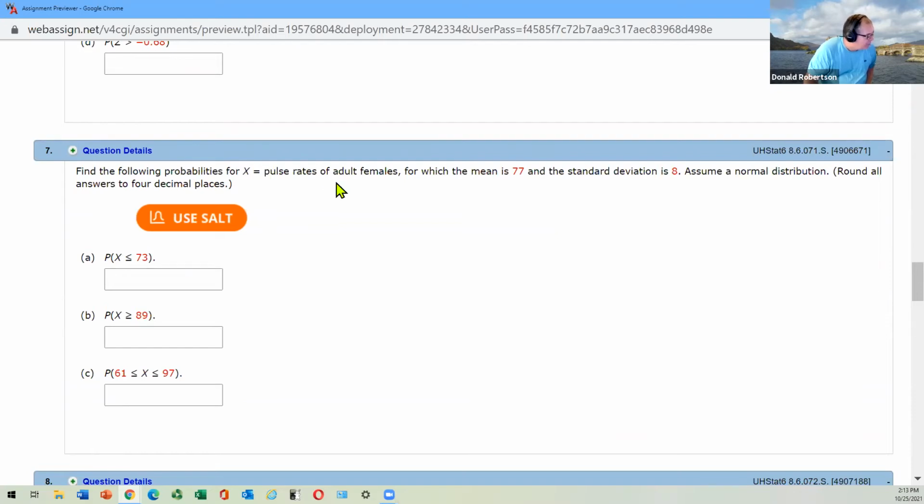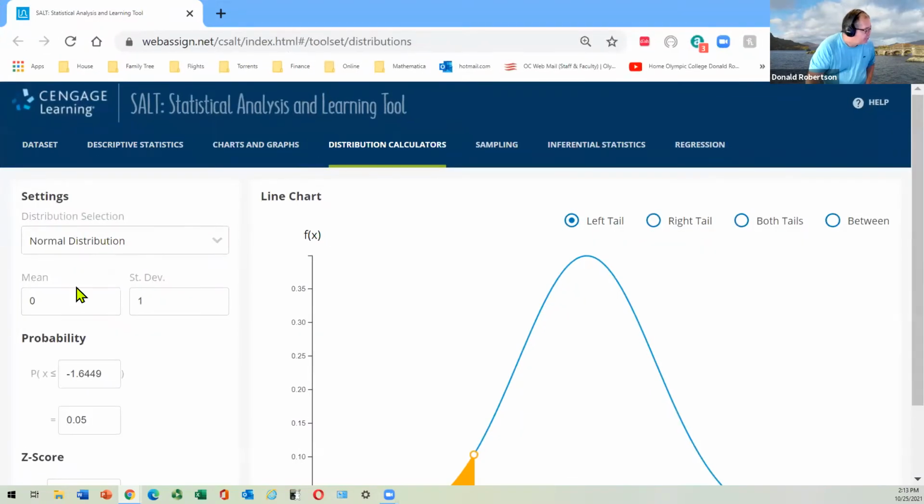Find the following probabilities. This is to do with pulse rates of adult females. Their mean is about 77 and their standard deviation is 8. So I'll write that down, 77 and 8. And we want to know what is the chances that you choose someone at random and they're less than 73. So here we go. For pulse rates, the mean is 77.